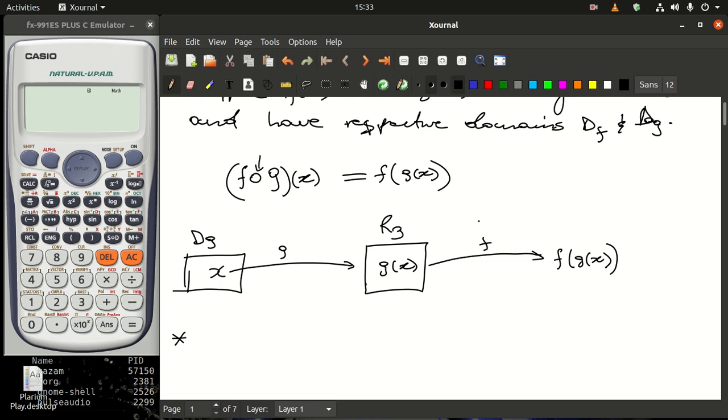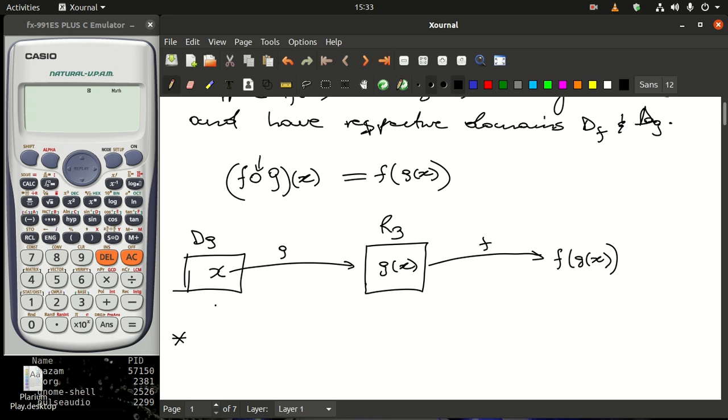But now, what is the domain of f of g of x? Remember that now we are selecting elements that are outputs of g of x. So it is a set of all possible values that are in the range of g of x, that make f of x defined.